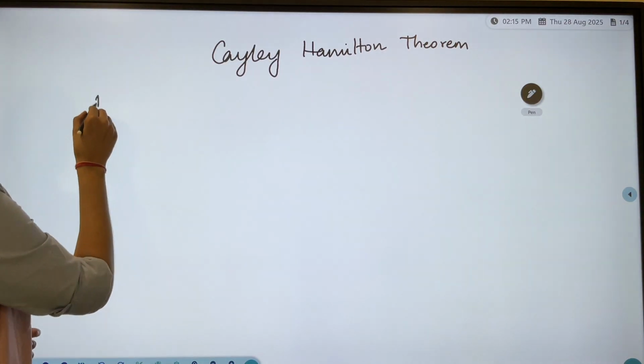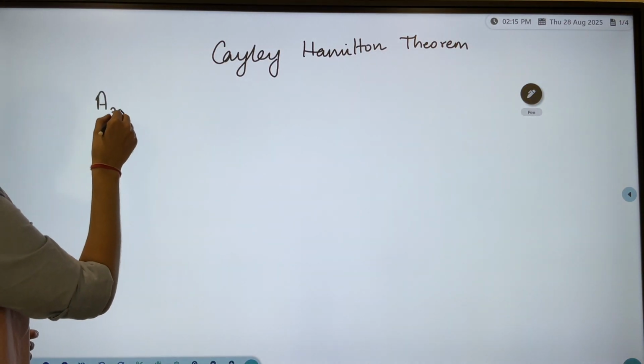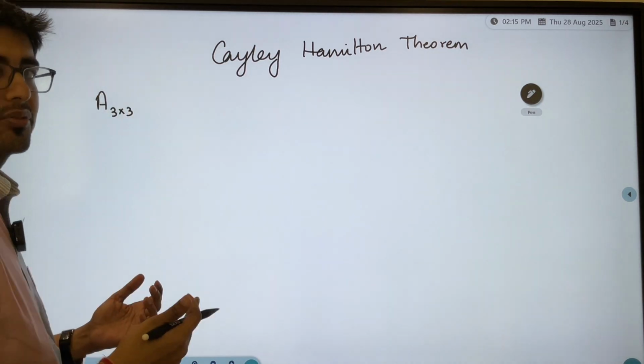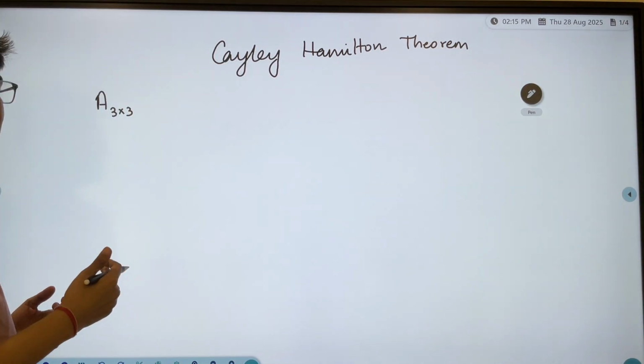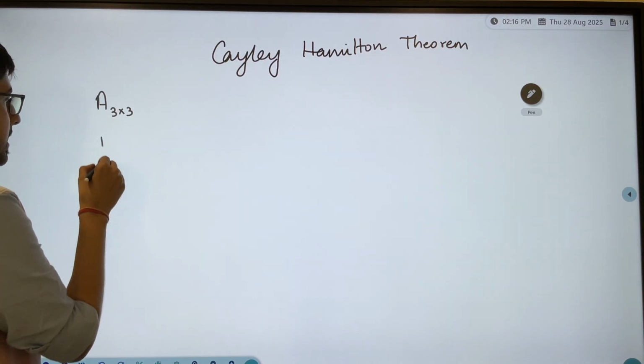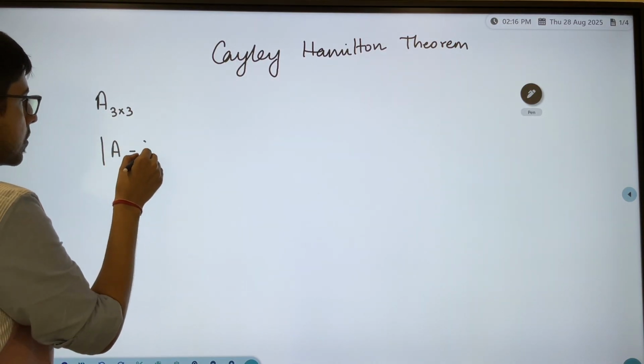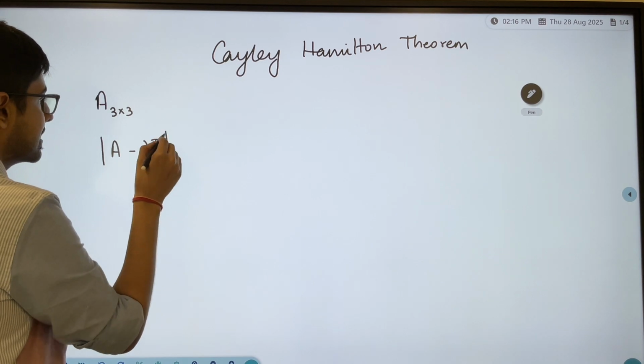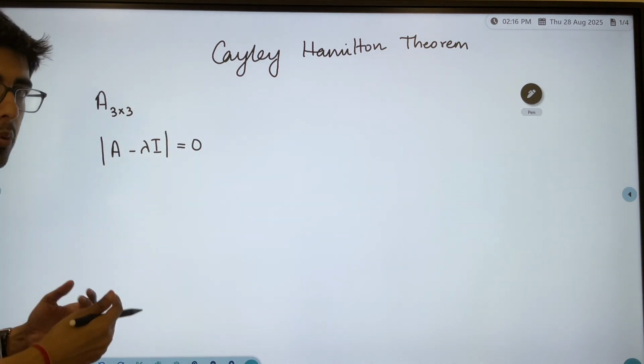So what the theorem states is, if you have a matrix A, which is a matrix of 3 by 3 order, then there is a characteristic equation for the matrix which can be determined when we solve for determinant of A minus lambda I is equal to 0.